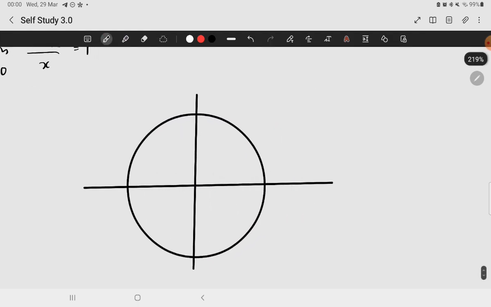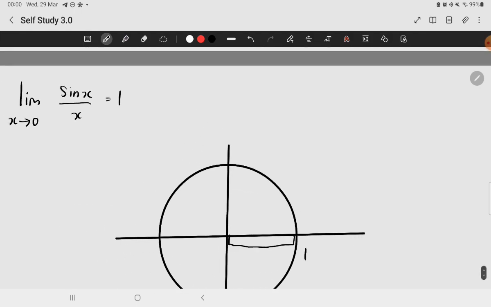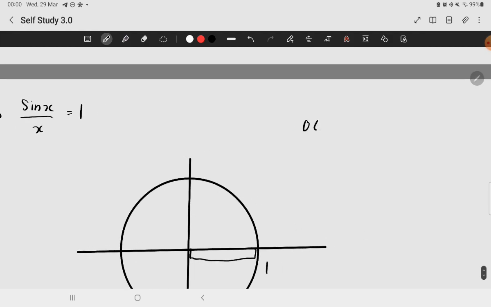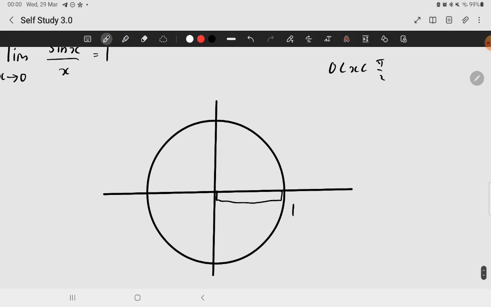Unit circle means that the distance between the origin and the intersection here will be 1 unit. And then we will create a triangle. By the way, the x values I'll be using are between 0 and pi over 2. I restricted it there. First I create a triangle right there.